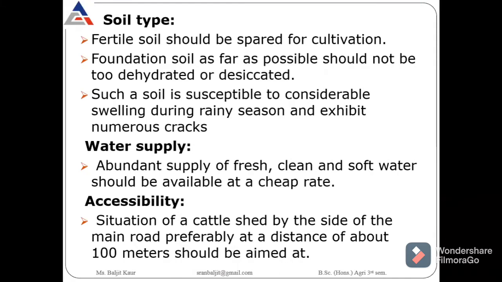Then water supply: an abundant supply of fresh, clean and soft water should be there at a cheap rate. Then accessibility: the cattle shed should be accessible to the market or main road, preferably by the side of the main road at a distance of about 100 meters.